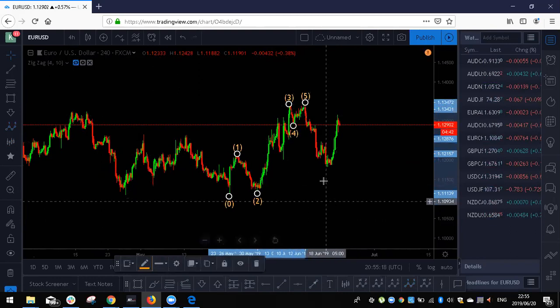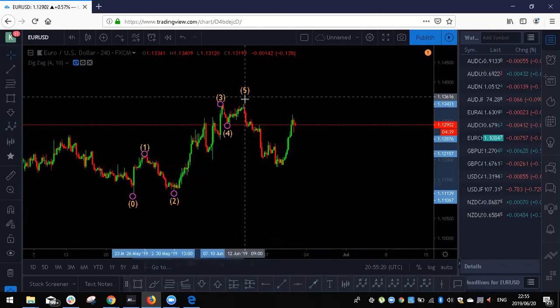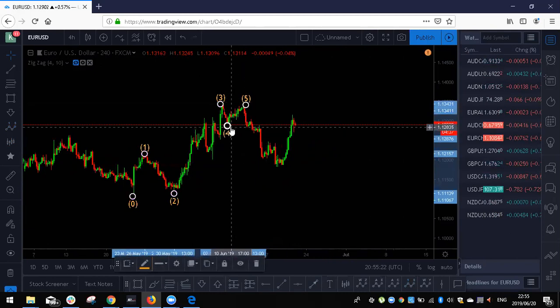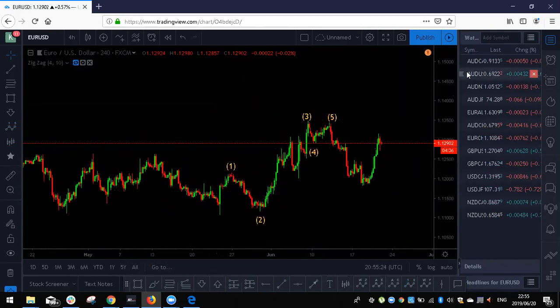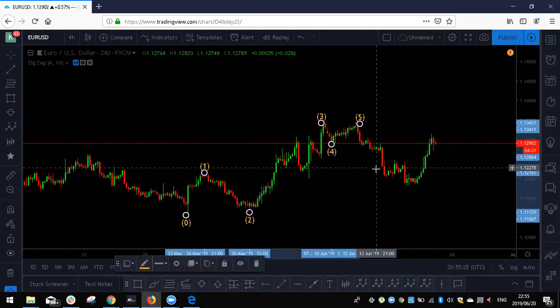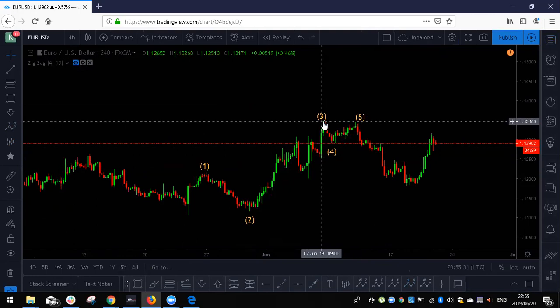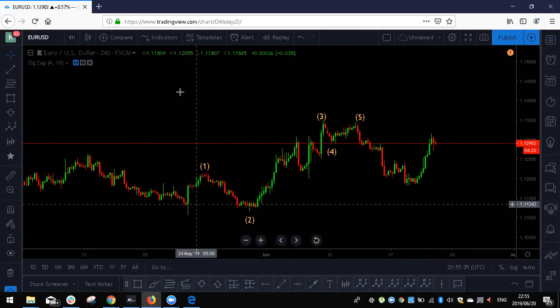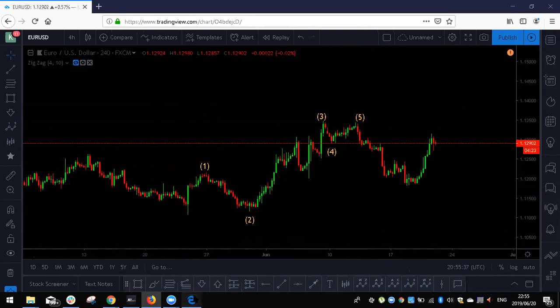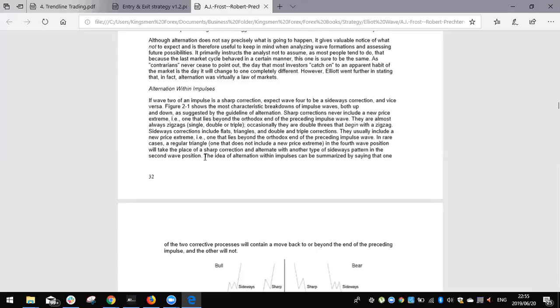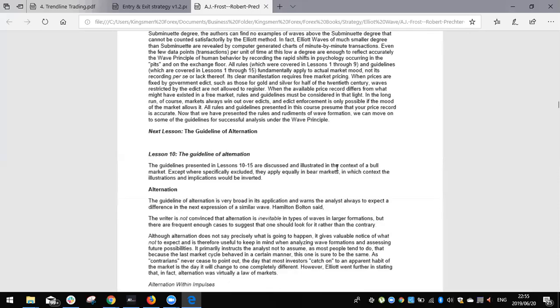So we're assuming wave 5 is truncated. You understand the term truncation, right? We say it's truncated if wave 5 fails to break the high of wave 3, because you see wave 5 is lower than wave 3. They have it here in the book. I'll show you. Where is truncation?